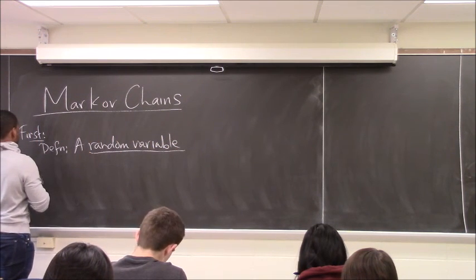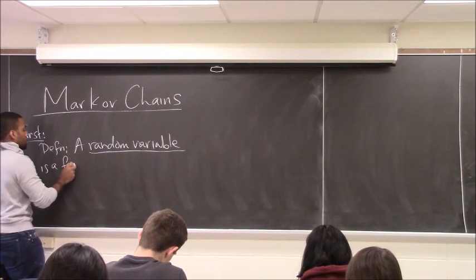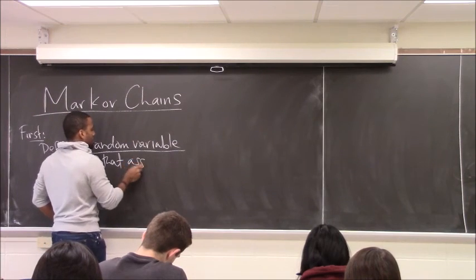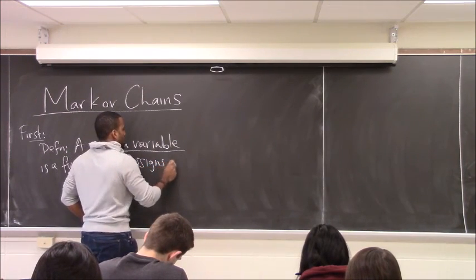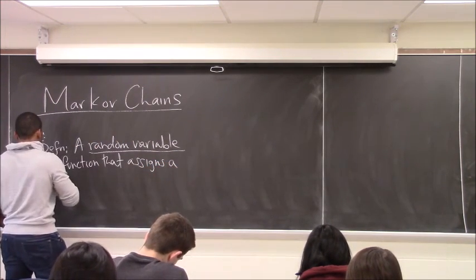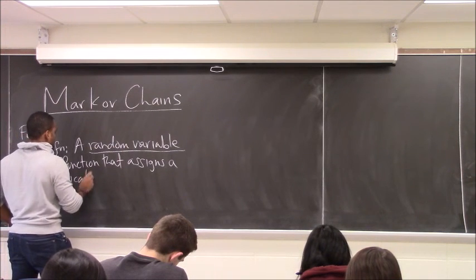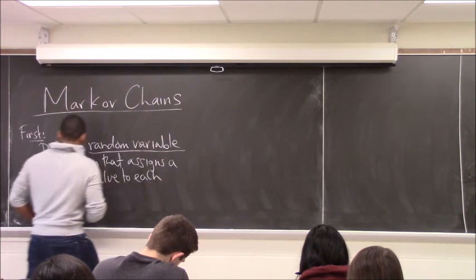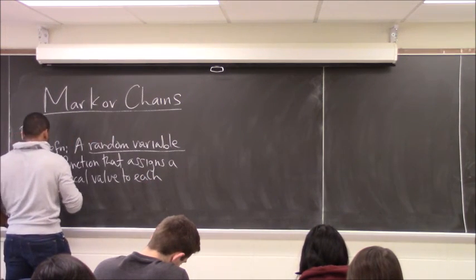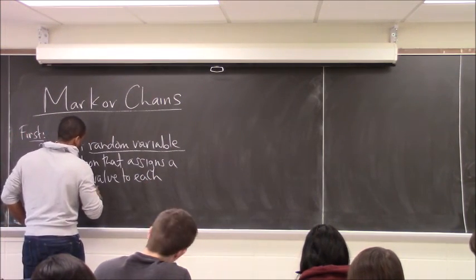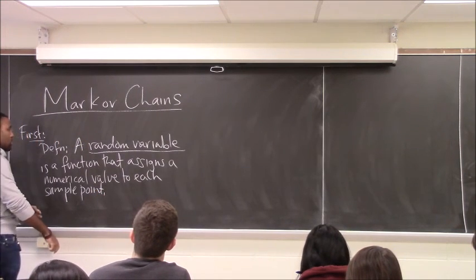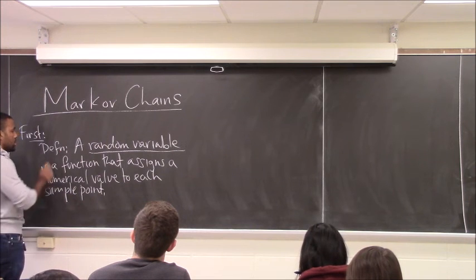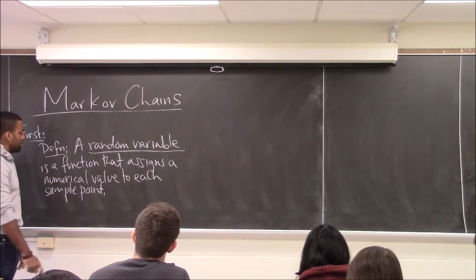So this is a function that assigns a numerical value to each sample point in a sample space. So basically, this is just a function that allows us to go from a qualitative state of affairs to a quantitative state of one, because we're doing math.